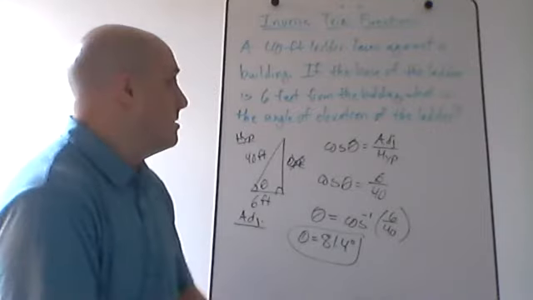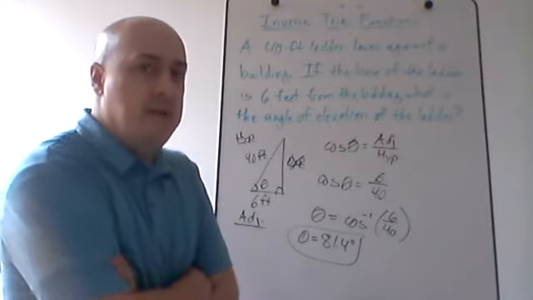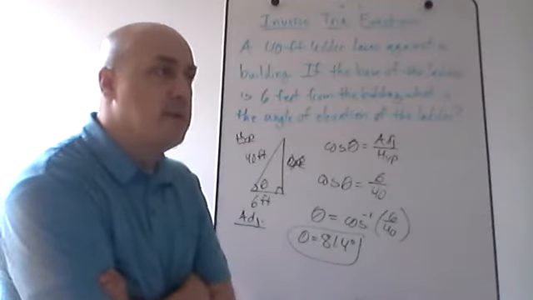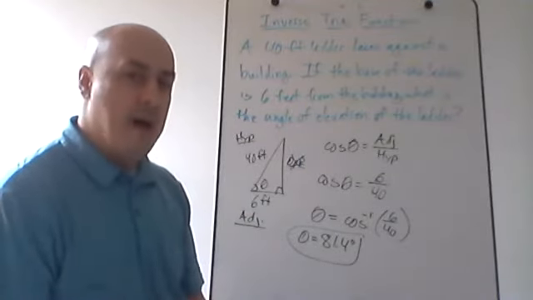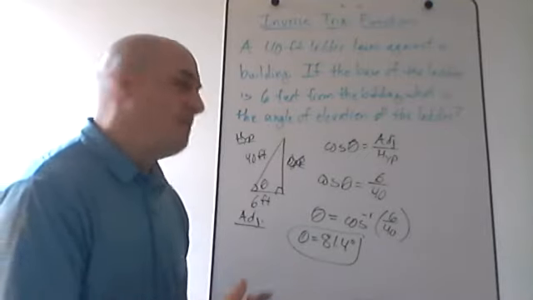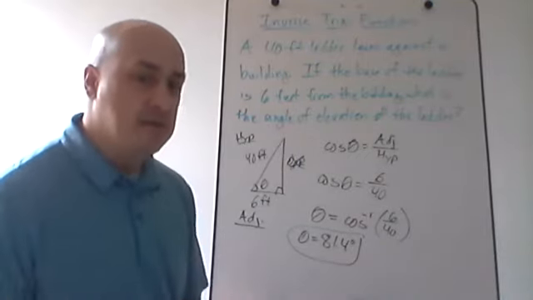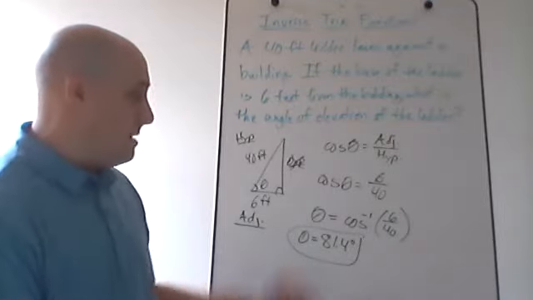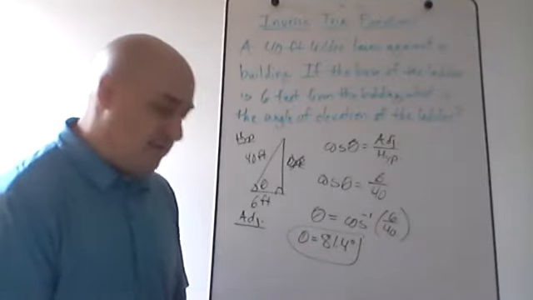So there we go. I said in one of the earlier videos that if you're not told to use degrees, you should use radians. That's true when you're doing purely mathematical problems. A lot of times when you're doing real life problems, we prefer to give our answers in degrees rather than radians. Because if we're talking to somebody on the street, like, oh, how steep is that ladder? Oh, it's 81.4 degrees.